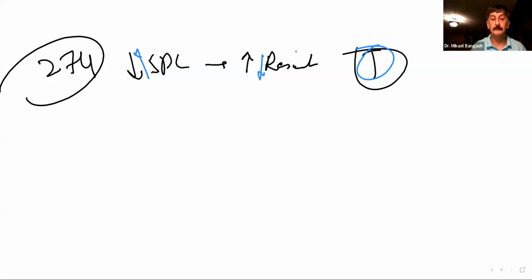Had they said greater pulse, greater resolution, that would be false. And likewise, shorter pulse, poor resolution, that will be false as well.